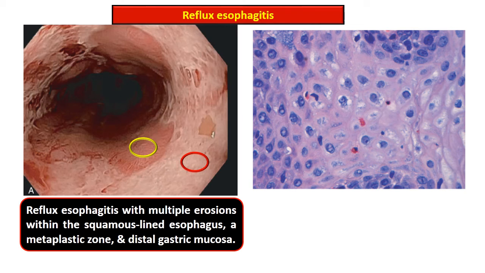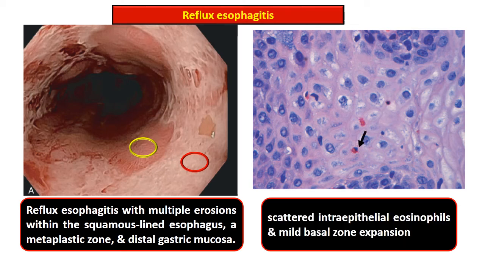The red circle is pointing toward the normal mucosa, that is whitish or pinkish white in color, and the yellow is showing the metaplastic epithelium or metaplastic mucosa. While on the right, the histological picture is showing scattered intraepithelial eosinophils and mild basal zone expansion.